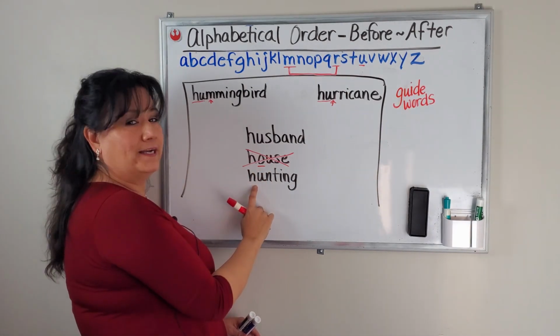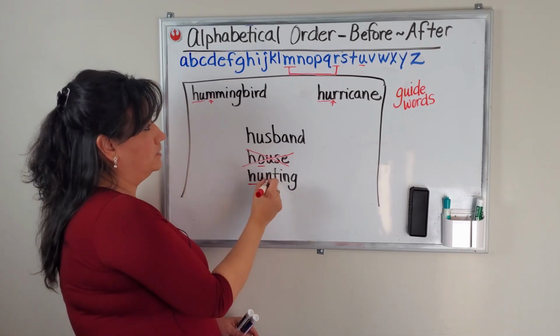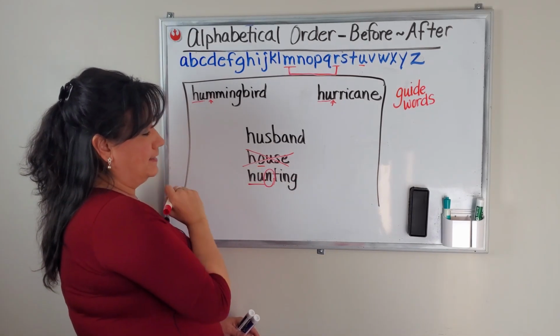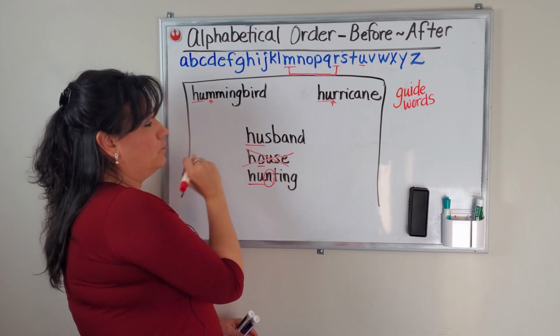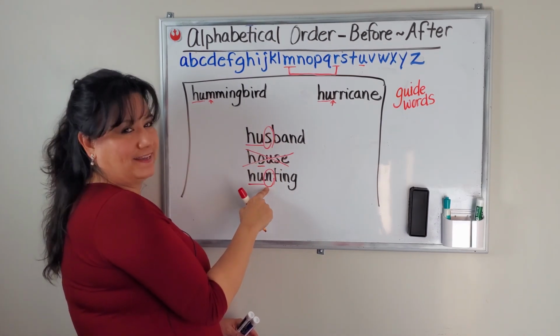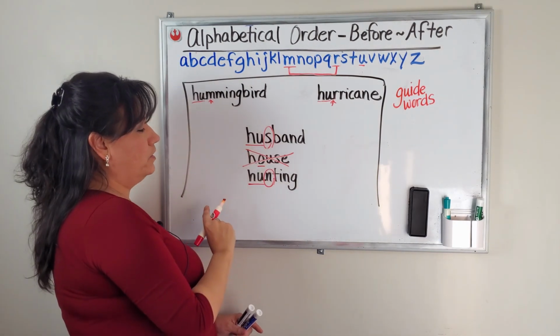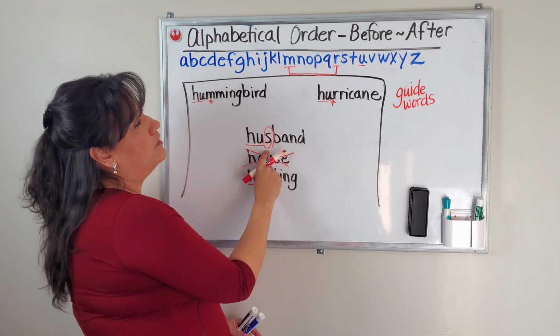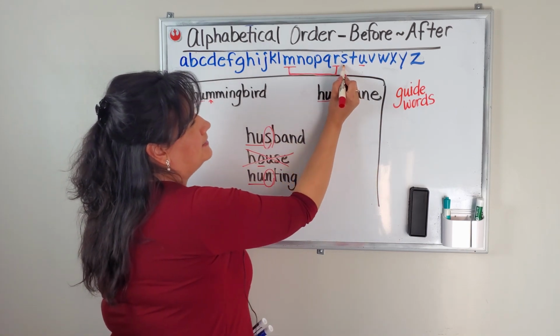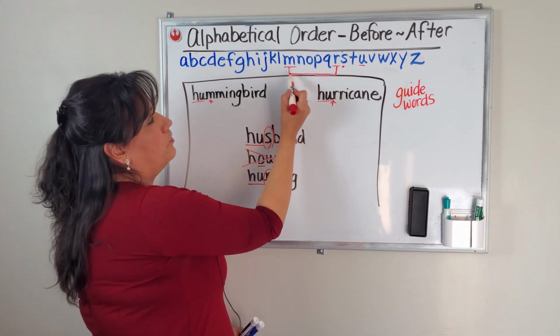Then we have the word hunting, and it does have H-U. Again, here we have H-U. That means we're going to have to look at not the second, but the third letter. So let's start with husband. And here we have the letter S, and it is not in the range of our third letters.